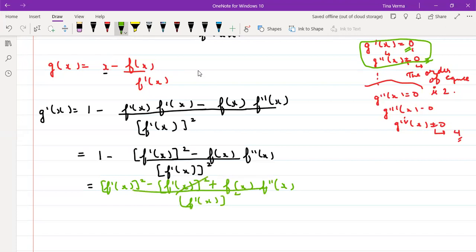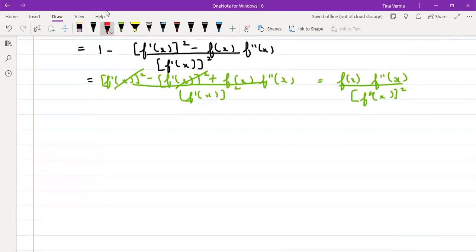So this term will be cancelled out, and you are left with f of x, f double dash x, divided by f dash x whole square. Now you are given that alpha is the root.